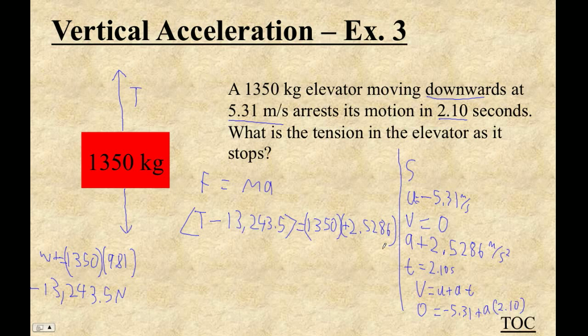Okay. So let's go that guy times 1350. And this side here ends up being 3413.57. I didn't type that number in, I just used the number that I had on my calculator, right? And then we have T minus 13,000.